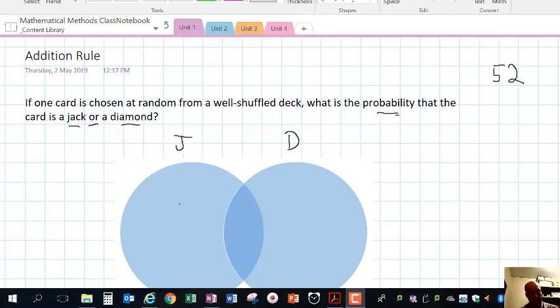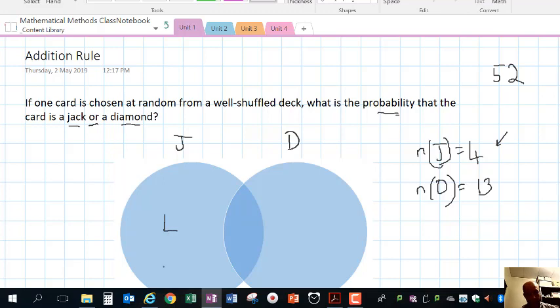We know that the number of elements in the set of jacks is 4, and the number of elements in the set diamond is 13. Now, would it be right to put a 4 here like that?